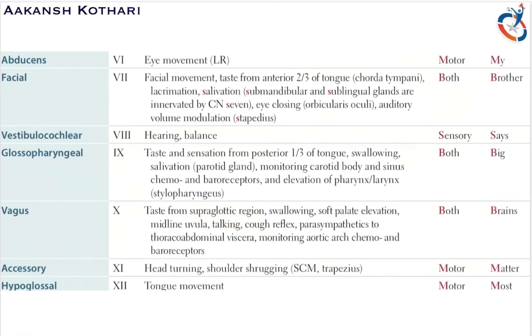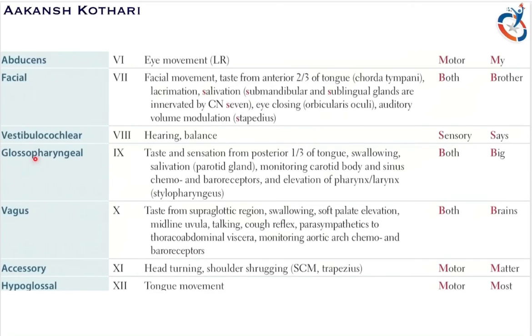It is also helpful in swallowing, soft palate elevation and maintenance of the midline uvula. Okay, so it is used in taste from the supraglottic region, swallowing, soft palate elevation. It is also a very important nerve in coughing and talking, and parasympathetics to the thoracoabdominal viscera are usually supplied by the vagus nerve. Is this clear?